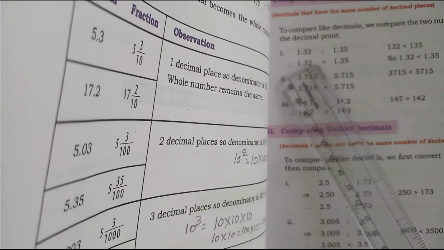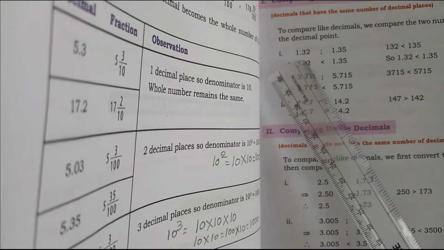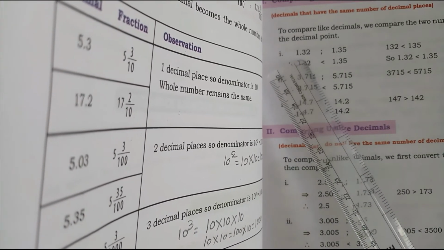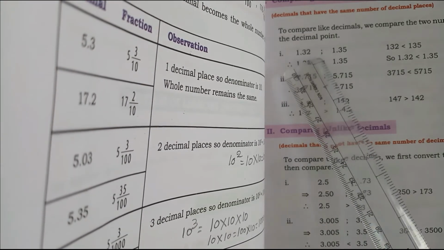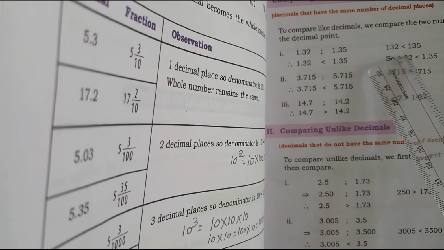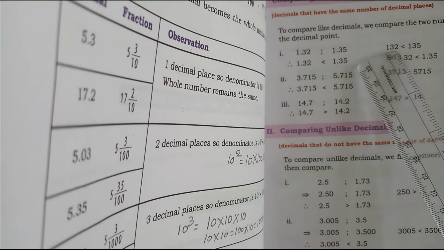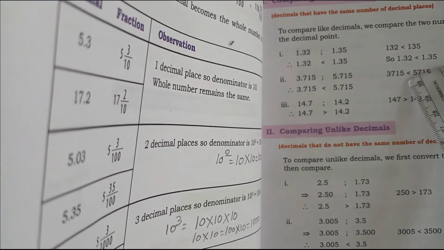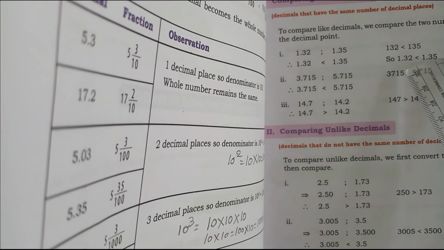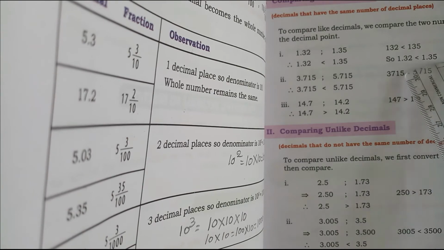Question 1, for example, 1.32 and 1.35. Remove the decimal point and read them as 132 and 135. 132 is less than 135, so 1.32 is less than 1.35.